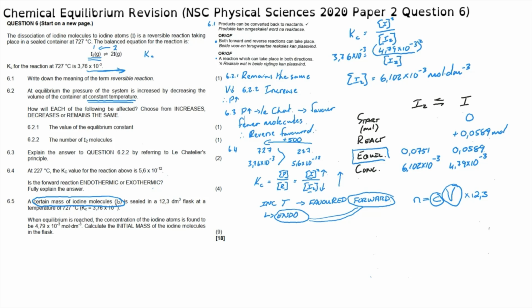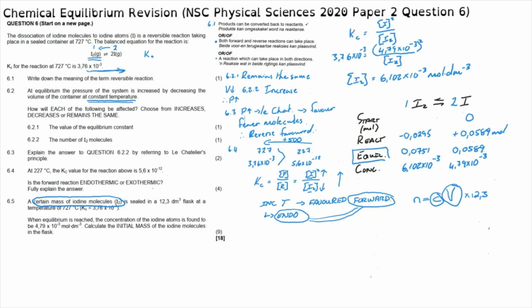And then because we know that the ratio of iodine molecules to iodine atoms is 1 to 2, if we formed 0.0589 moles of iodine atoms, we must have used up half of that, 0.0295 moles of iodine molecules.